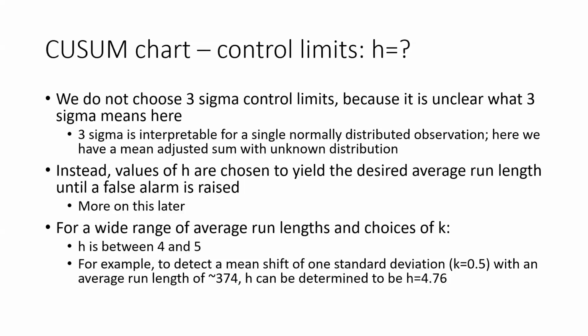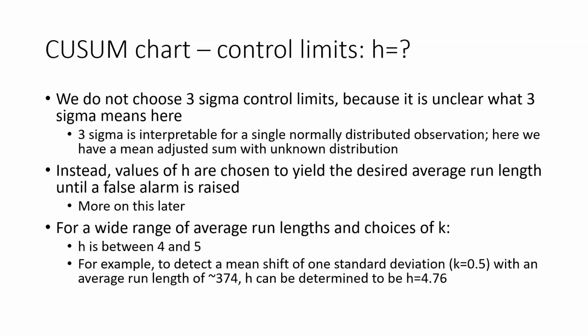So what we do instead is we choose the multiple of sigma H to yield a desired average run length until a false alarm is raised. That's analogous to our thinking when it was normally distributed and we get 3 errors in 1,000, that corresponds to 3 sigma. And so now we have to figure out what the average run length is again, and we will talk about that a little bit more later.